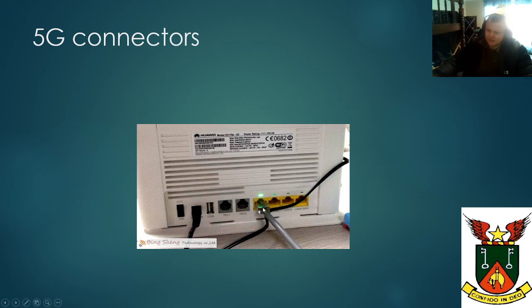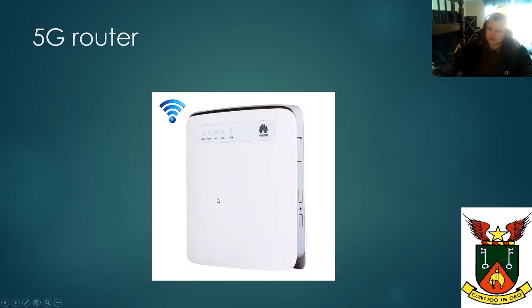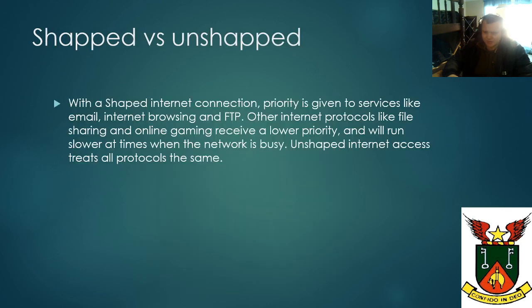Again, it has Ethernet connections that you can connect, and some of them also have Wi-Fi. It doesn't have the antennas, but it still has Wi-Fi. So an ADSL router creates Wi-Fi, a fiber router has the ability to create Wi-Fi within a space, and this 5G router also has the ability to create Wi-Fi in a specific place.